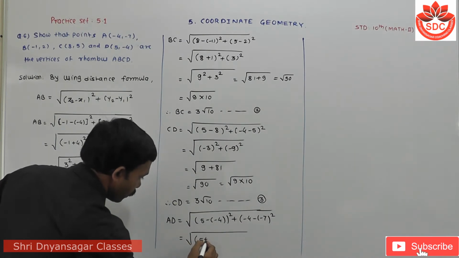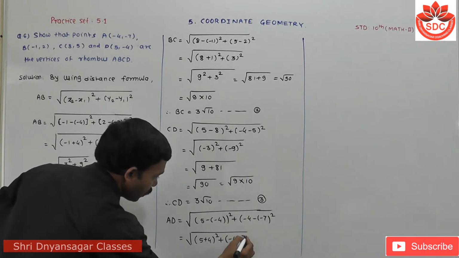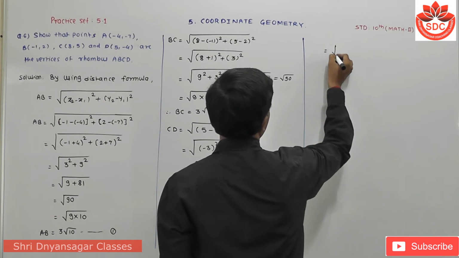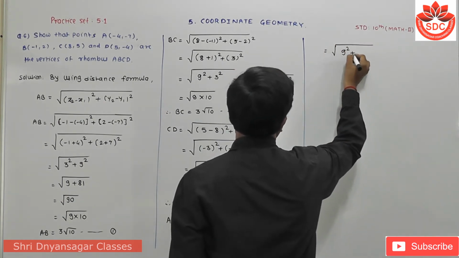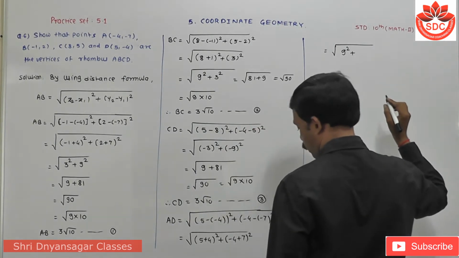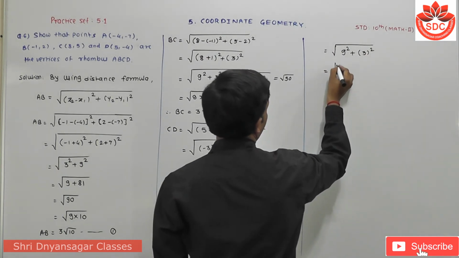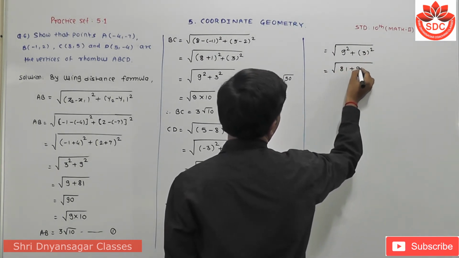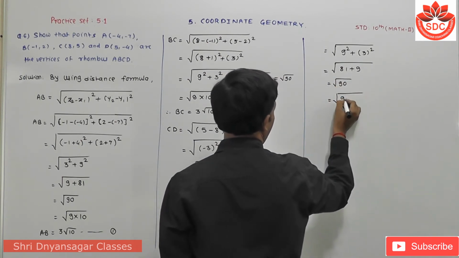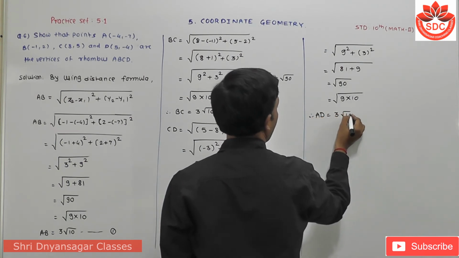This becomes (5 plus 4) whole square, that is 9 square, plus (-4 plus 7), which becomes how much? 3. Then student, again 81 plus 9 is equal to 90. We can factorize it. 9 tens are 90. That means AD is equal to 3 root 10.